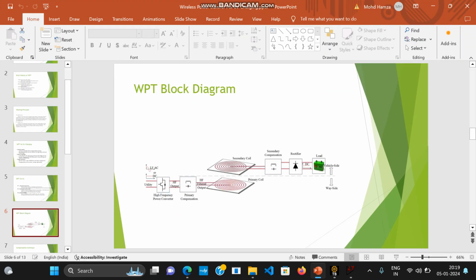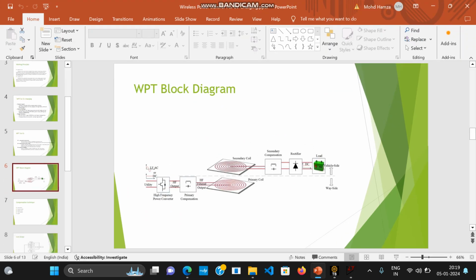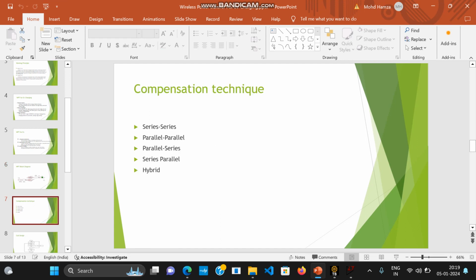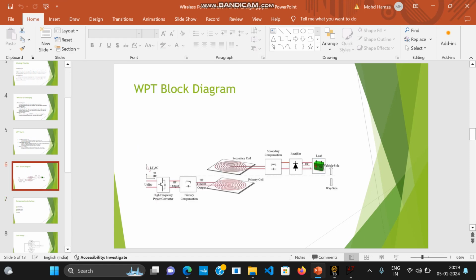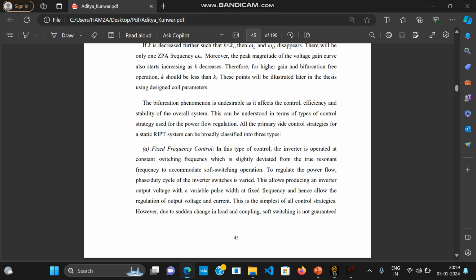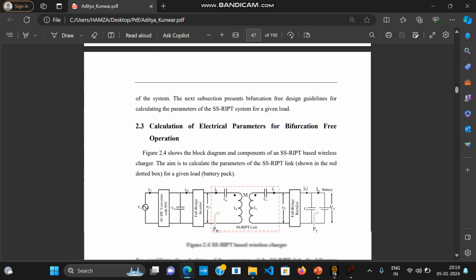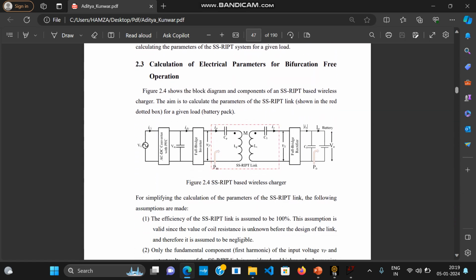One thing I forgot to tell you is that these compensation circuits are of four types: series, parallel, series parallel, and parallel series. How we define them highly depends on how you place your capacitors in the circuit.